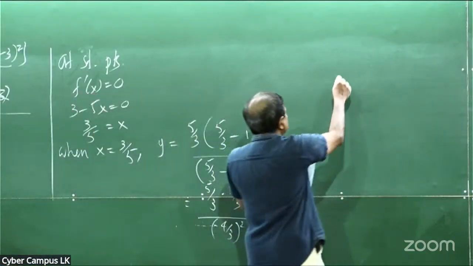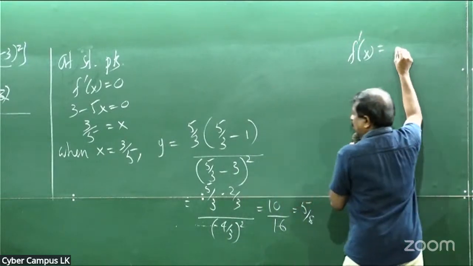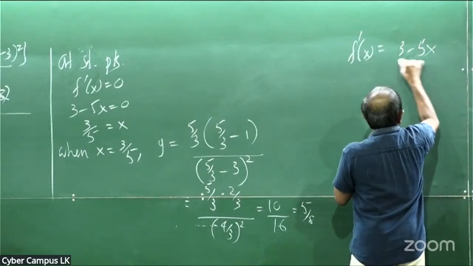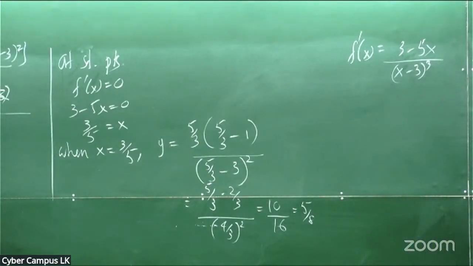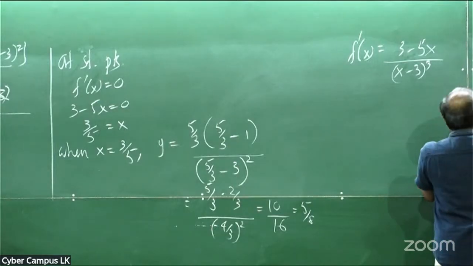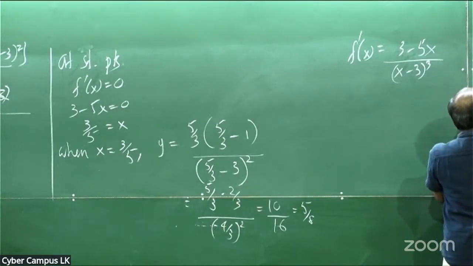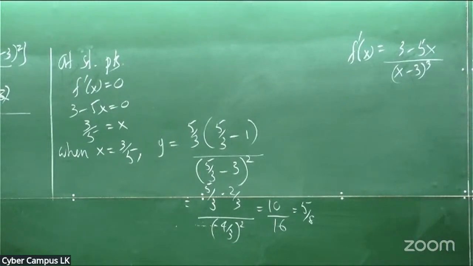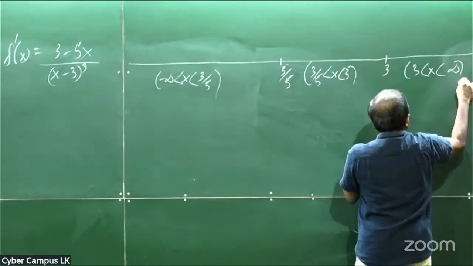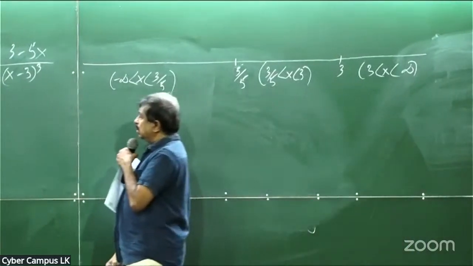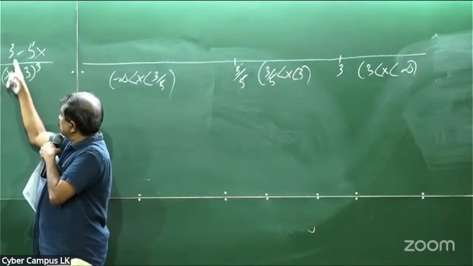Now we'll sketch. When x is very large, this is positive, though the upstairs is negative.